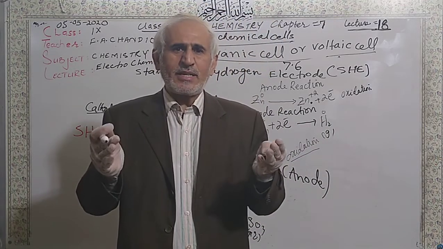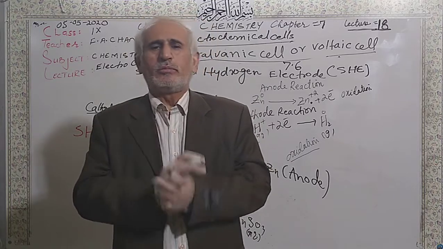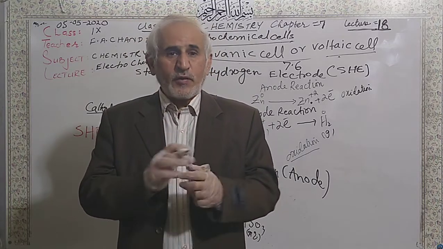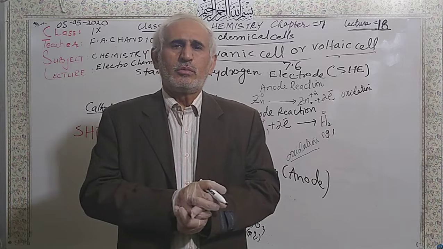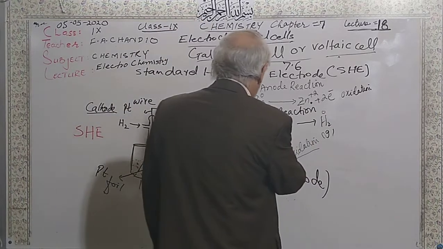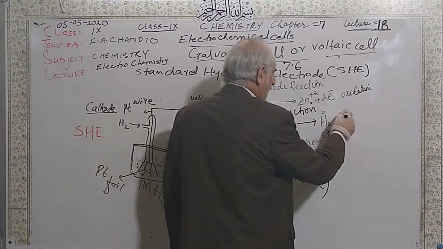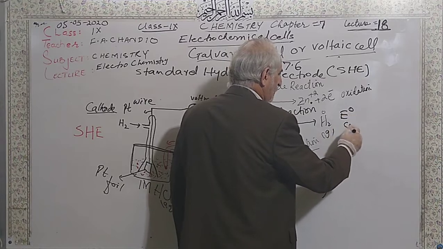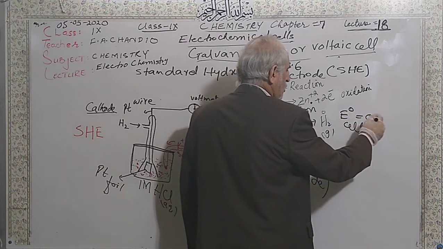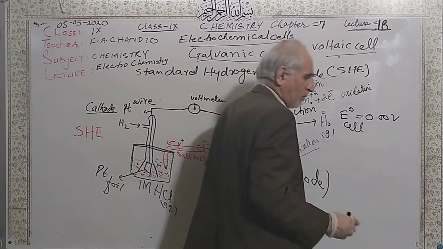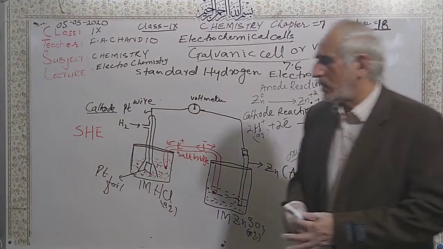If it is oxidized, its electrode potential will be 0. If it is reduced, also 0. So that is why the standard hydrogen electrode will give E naught cell 0.00 volts. Now it's clear.